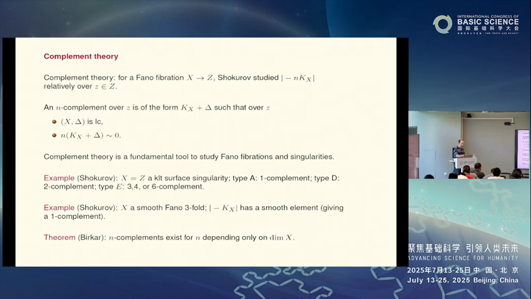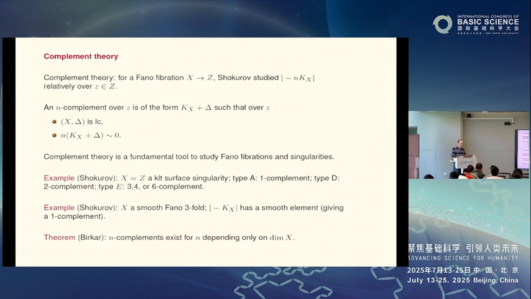So complement theory is basically this machinery, this technology. You look at these minus nK and try to understand them as much as you can. This was introduced in a systematic way by Shokurov. He said, look at these minus nK for different n, and we study this relatively over the base.